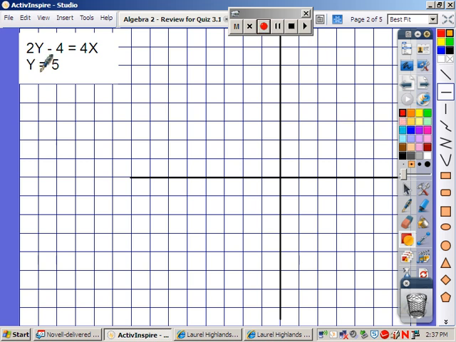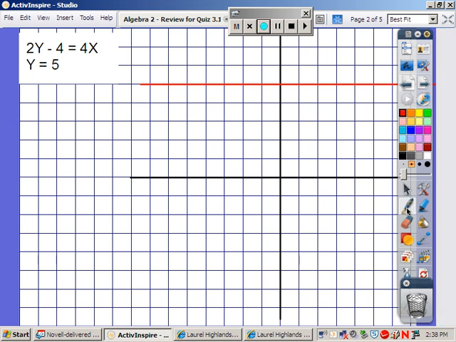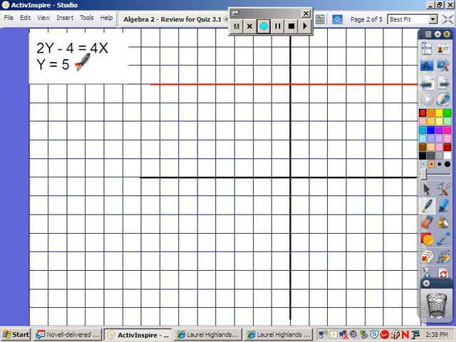What this says is that you need a horizontal line where y is 5. So we're going to go up here and go to 1, 2, 3, 4, 5. I'm going to need a horizontal line right here where y is 5. And that's all there is to that one. Nothing too difficult.